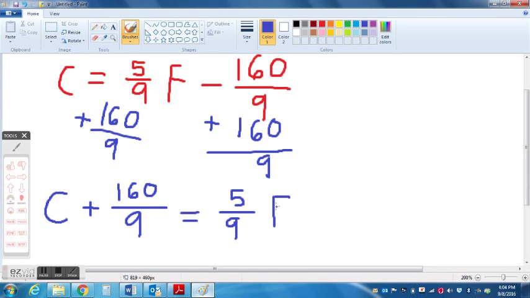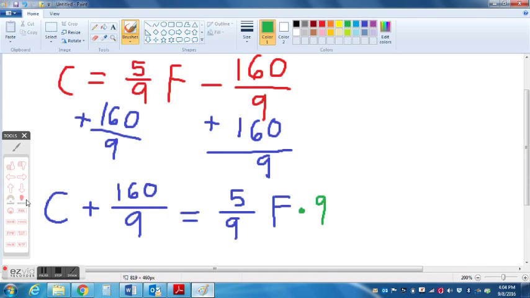Let's see. Because we need to solve this now. Oops, change my color. I'm going to take this in pieces and multiply both sides by 9.